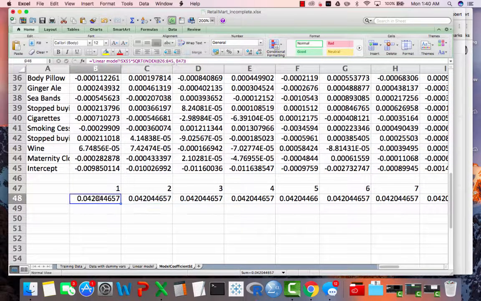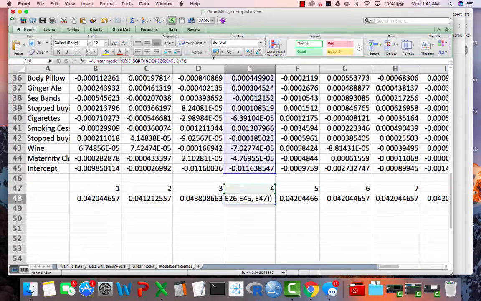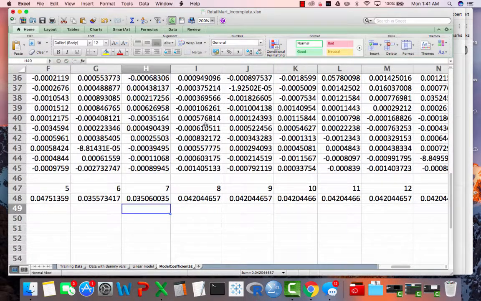And now I should be able to click enter on each of these, and it's going to give me a different value, hopefully, for each one. Although fairly similar looking, you can see they are turning out to be different. Unfortunate that I have to go through and click enter on each one of these.